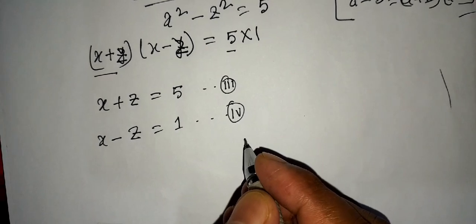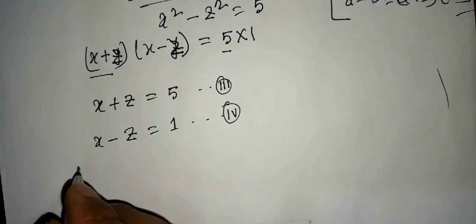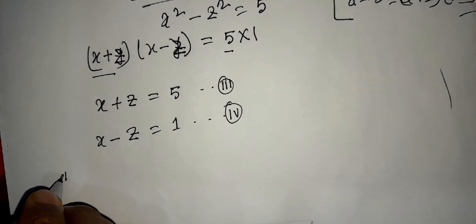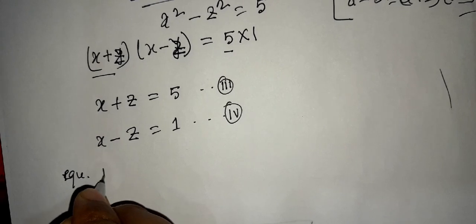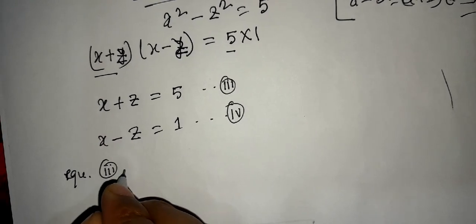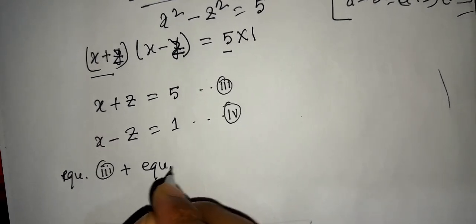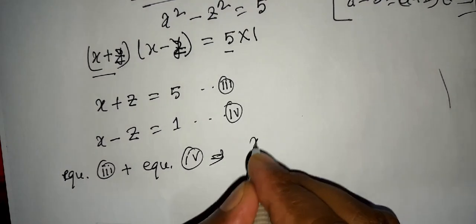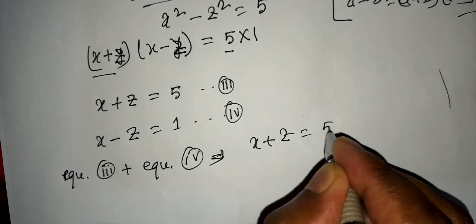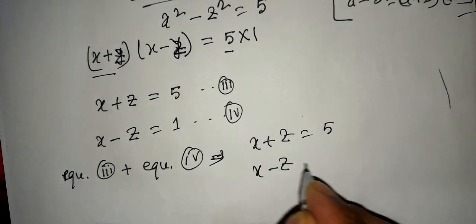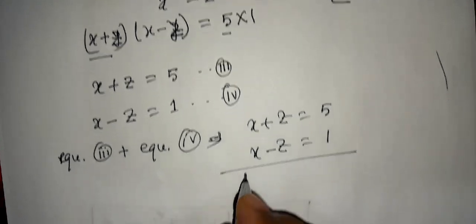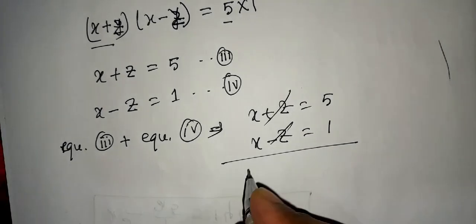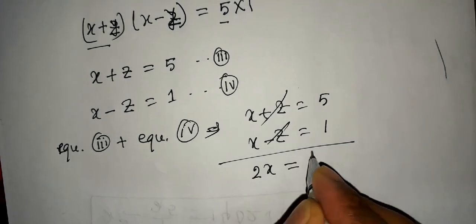Now by adding equation 3 plus equation 4, we can write x plus z is equal to 5 and x minus z is equal to 1. z and z are cancelled and 2x equal to 6.